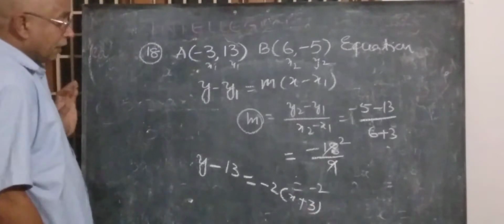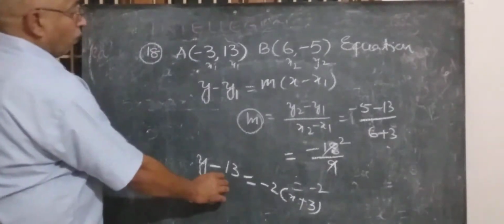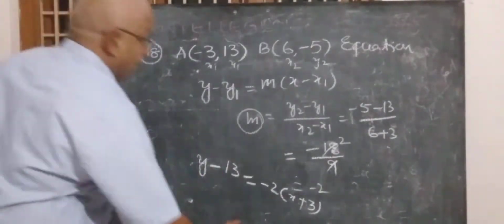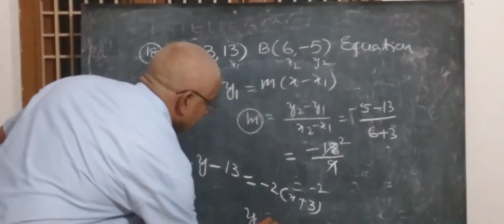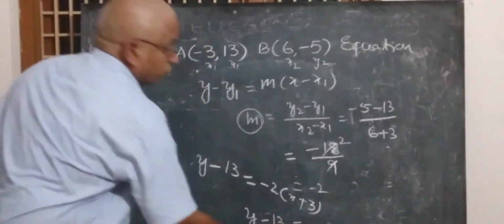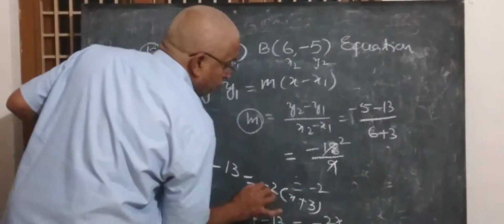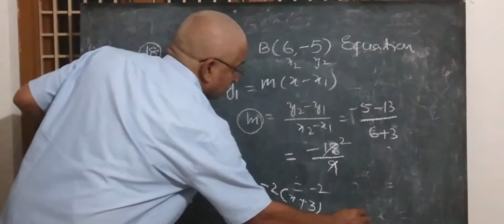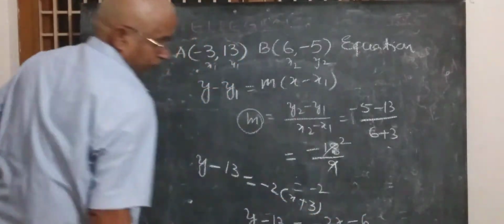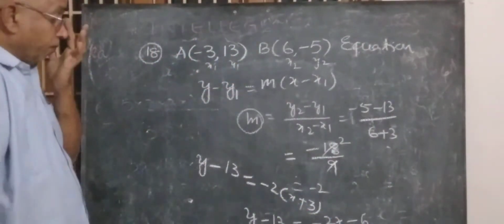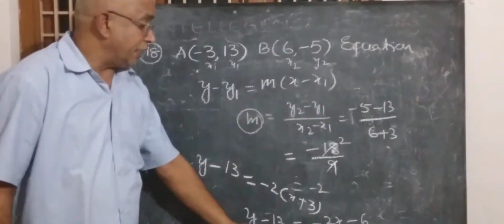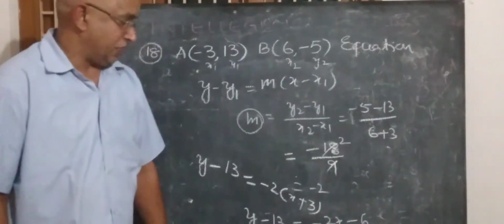Clear friends? Now, what is the answer here? Y minus 13 is equal to minus 2 into x plus 3, minus 2 threes are minus 6. So y minus 13 is equal to minus 2x minus 6.